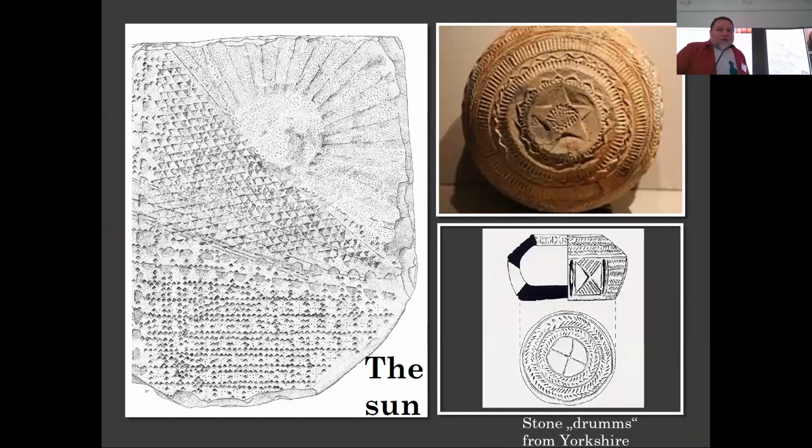And last but not least, the sun as the solar deity symbol is depicted on the gravestone, but also on a mysterious stone object from Yorkshire called the stone drum, and quite frequently on the bases of bell beakers.